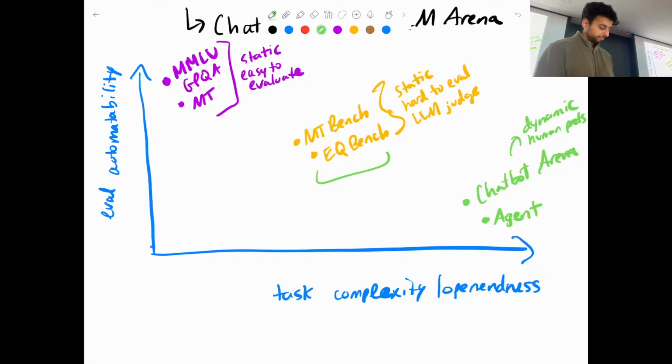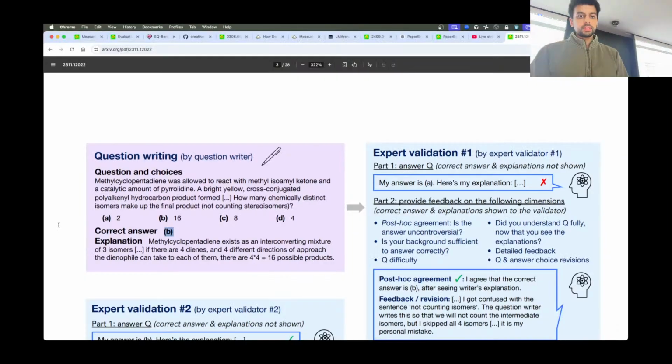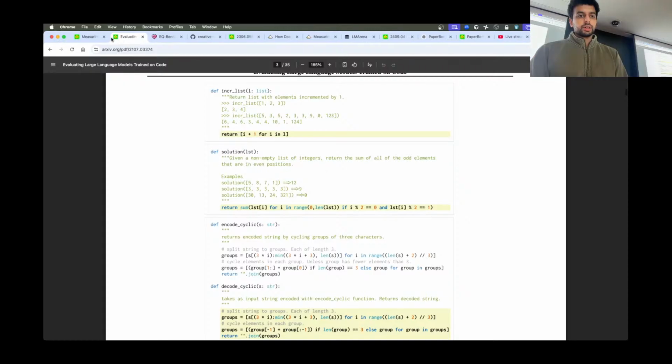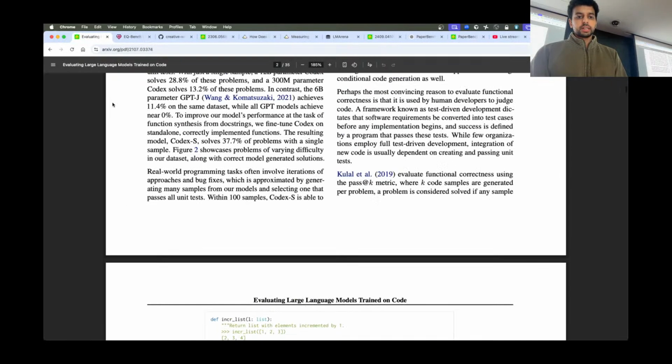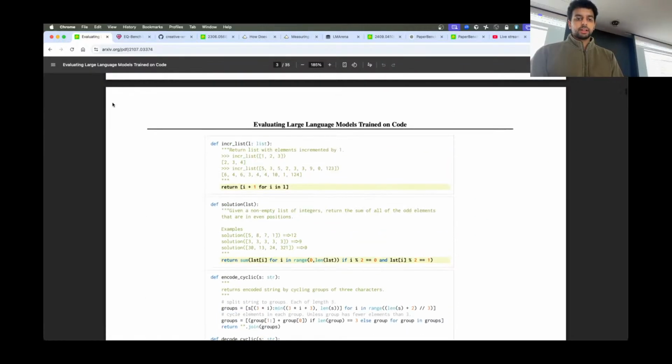So let's take a look at these now, and let's look at some examples from real benchmarks. Okay, so we've done this one. This was another example of a static evaluation benchmark.